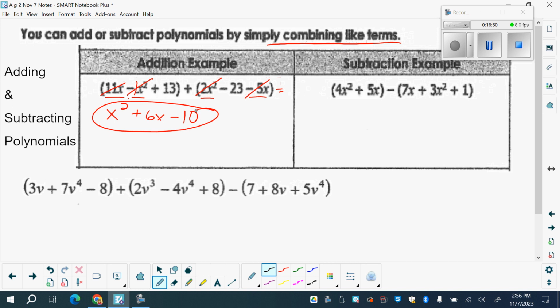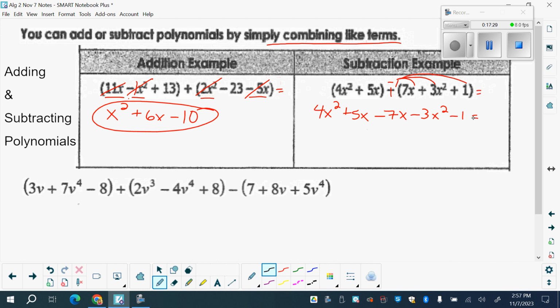Okay, when we're subtracting, we can't do just like we did on that first one. We have to do something first. What are we going to do with this? Because this minus applies to everything inside that parentheses, right? So what do we want to do? Distribute. Good. So 4x squared plus 5x. This is like a -1, so we have to distribute the -1 to all of them. So -7x, -3x squared, and -1. So I like to write it out.